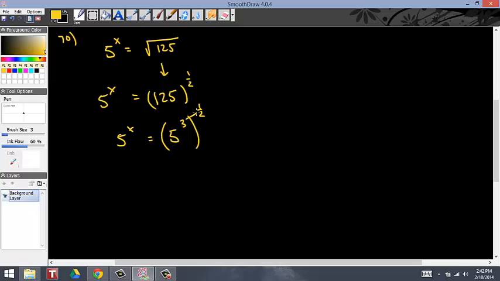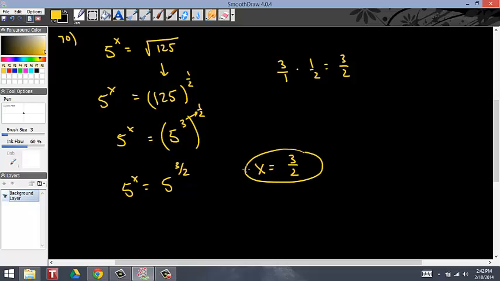Multiply the exponents. So 3 times a half, 3 over 1 times 1 over 2 is 3 over 2. So I have 5 to the x equals 5 to the 3 over 2. I've got the same bases. What does x equal, Kylie? Okay? That's how you do it.